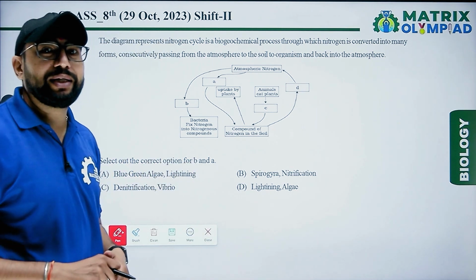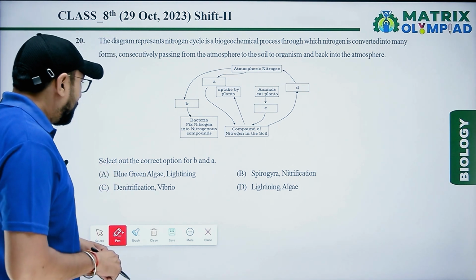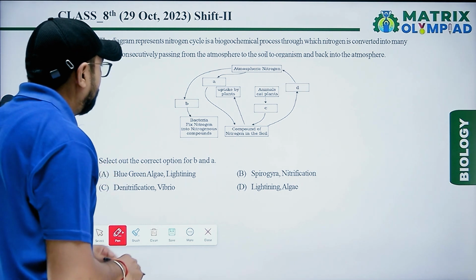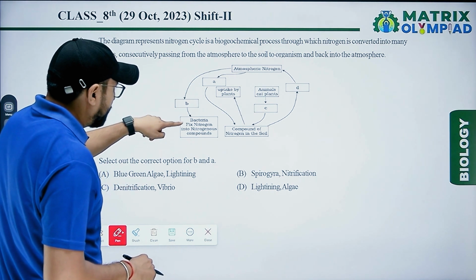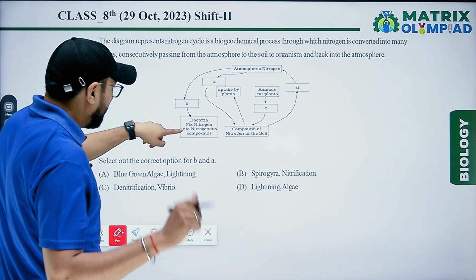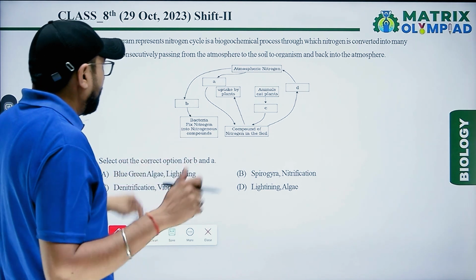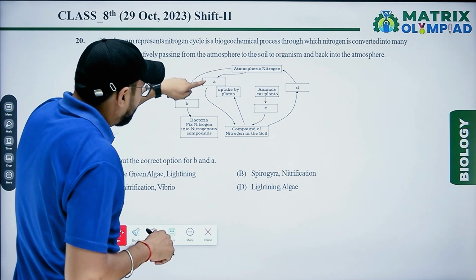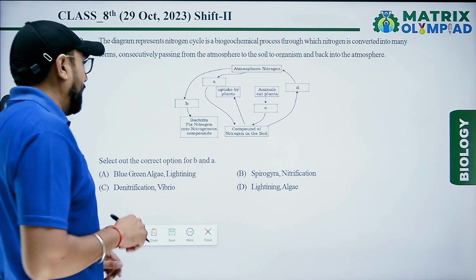These are the conditions in the nitrogen cycle. Select out the correct option for B and A. B, that fixes nitrogen into nitrogenous compound. And next one is A, atmosphere nitrogen into compound of nitrogen in the soil.